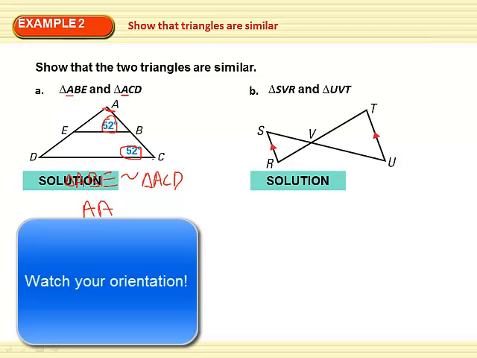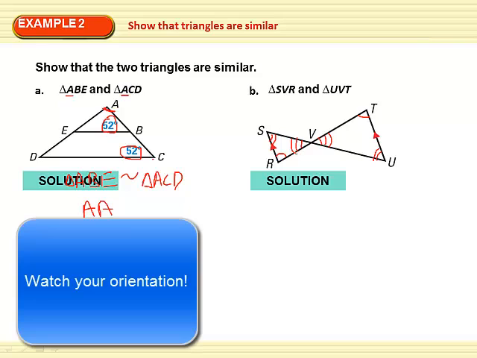Okay, what about the next one? We have two parallel lines cut by a transversal. That means this angle is congruent to this angle by alternate interior angles. You can also say this angle is congruent to this angle by alternate interior angles, and the third angle here is congruent to this angle by vertical angles.